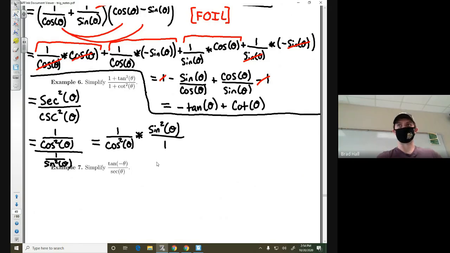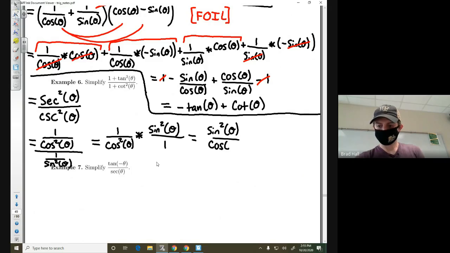This means the same exact thing. You multiply by the reciprocal of the denominator. So you get sine squared of theta divided by cosine squared of theta.